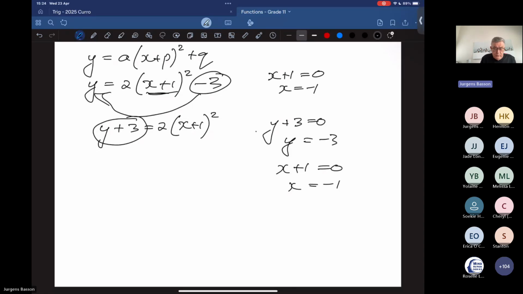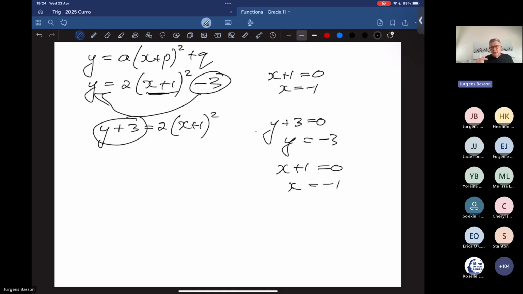Now we don't write the equations like this. We always want to manipulate y. The only reason why I explain it is because people ask me, why does it work differently? The q works with the sign and the p works against the sign. And what I'm trying to tell you is that they work the same. It's only because we manipulated y to get y alone, and that constant was moved across.